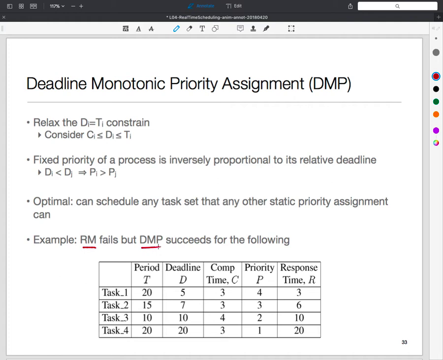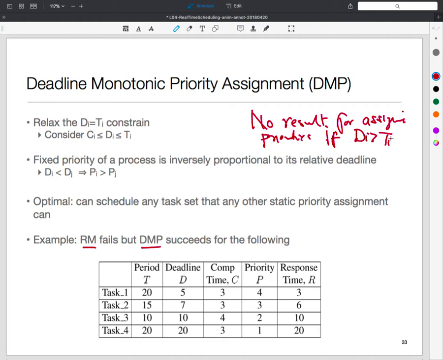Now this only works for d_i less than or equal to t_i. For the case that d_i is greater than t_i, that is, I'm willing to wait longer than the arrival of the next instance, unfortunately there is no result for assigning priorities if d_i is greater than t_i.